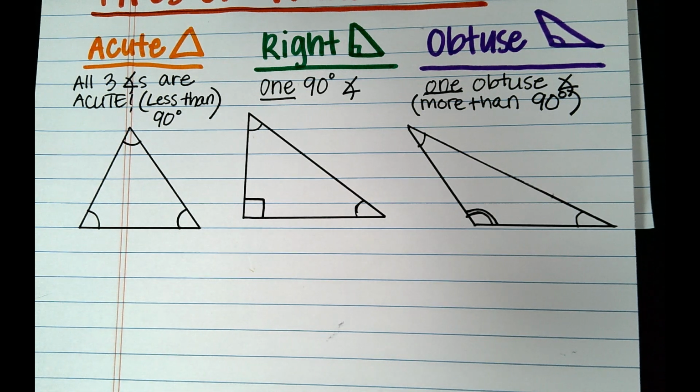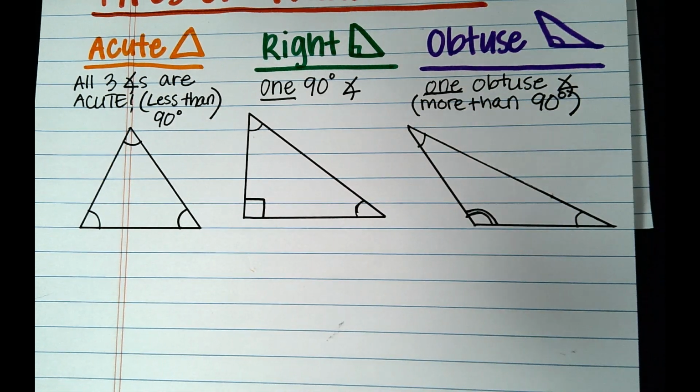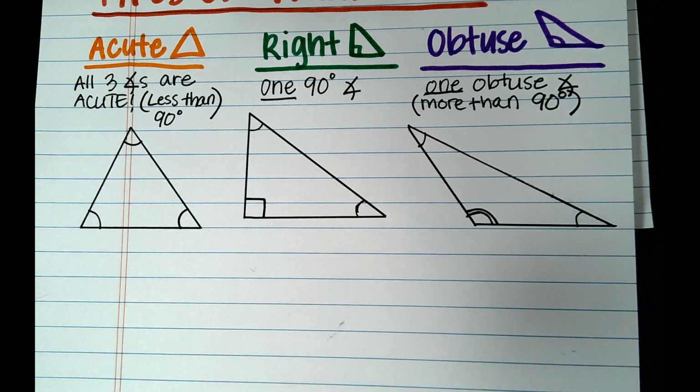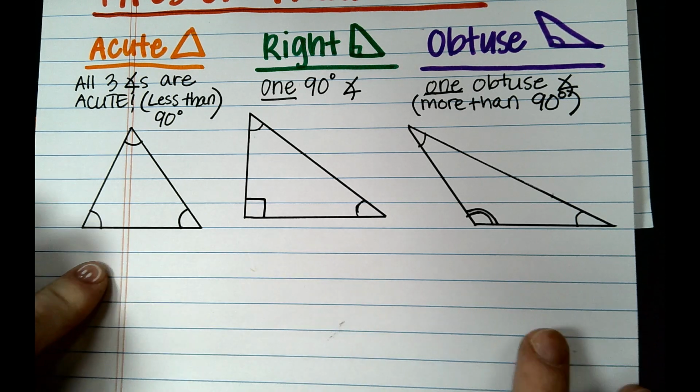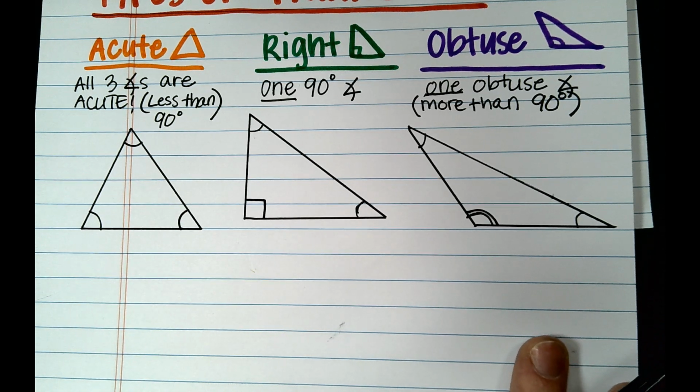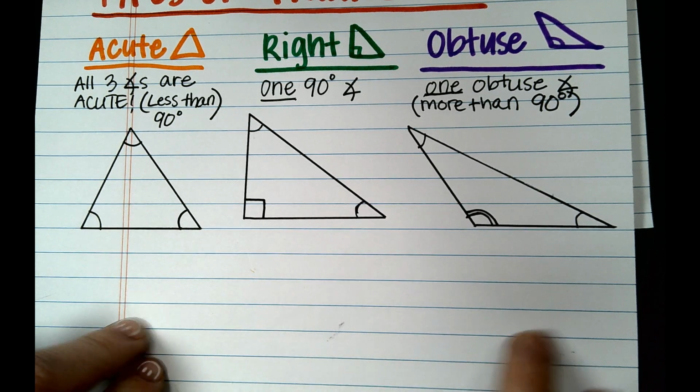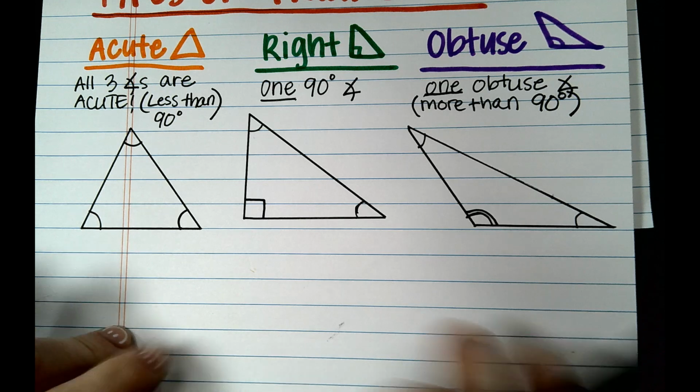So, all right, now we know a few things about some types of triangles. And let's now use those rules, use the things that we know now, to solve some problems. So, here is what we're going to do.